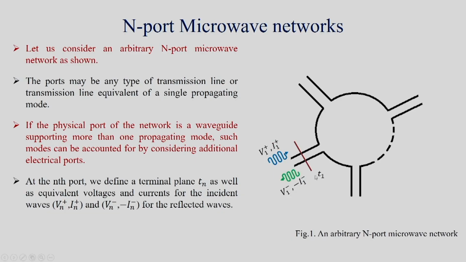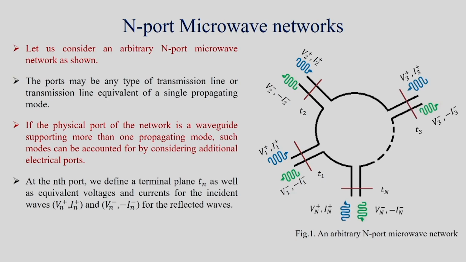This terminal plane essentially serves as the phase reference for these waves. So, if we shift the terminal plane, there will be a change of phase, and we can define these terminal planes for each of the ports as shown.